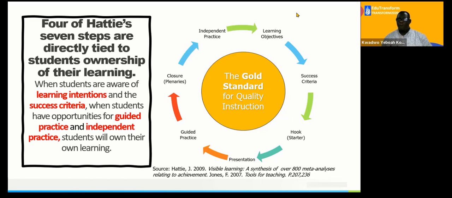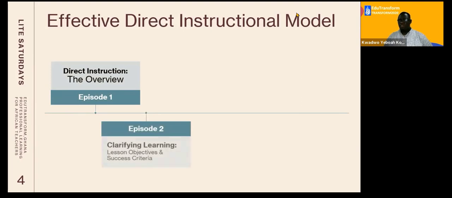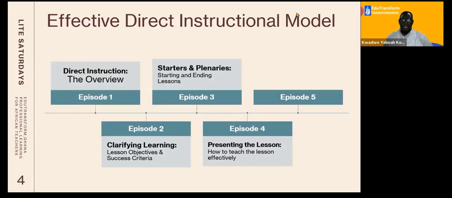These are the cardinal elements in the direct instruction model: learning objectives; success criteria that help learners identify the key elements they need to tell for themselves that they are successful at what they have been asked to do; a starter; a presentation, and we looked at engaging presentations in our last episode; guided practice; closures; and independent practice.